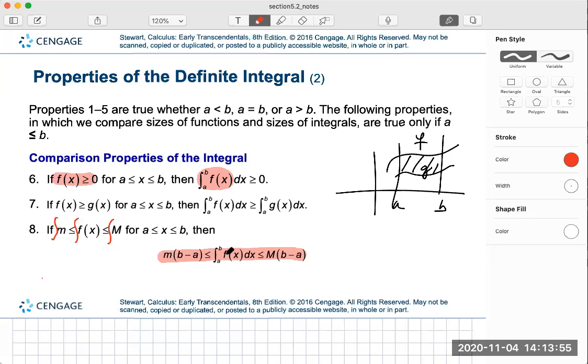And the integral of function f will be in between. Okay. So these are all the properties we need to know.